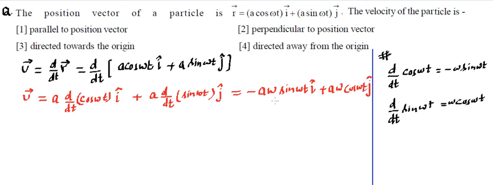So that becomes the velocity. If we want, we can write it more properly, with omega as a constant outside, and inside a bracket we get minus sin omega t i cap plus cos omega t j cap.